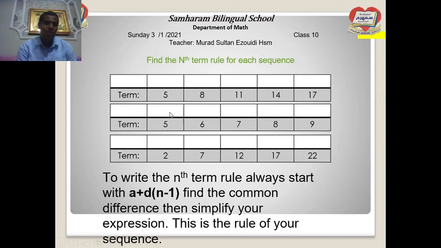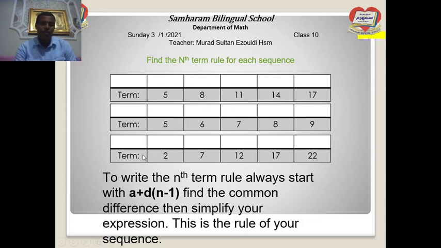For the second table, the first term is 5, the second one is 6, the third term is 7. Just make a subtraction. Subtract 5 from 6, you will get 1, which is your common difference. And the first term is 5. Just apply the formula to get the nth term that you are looking for.